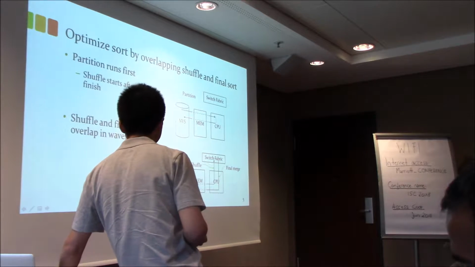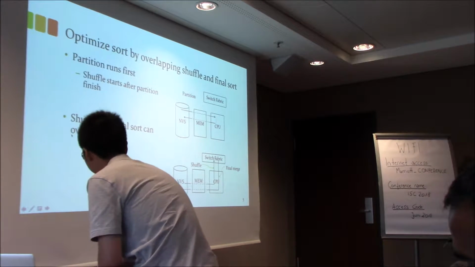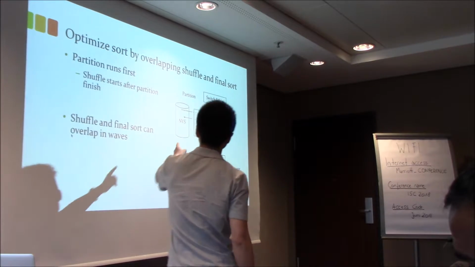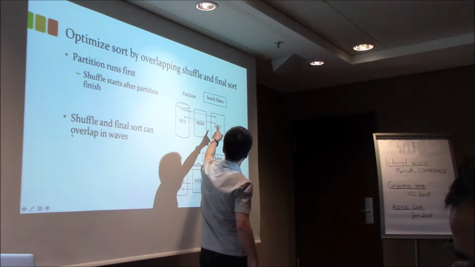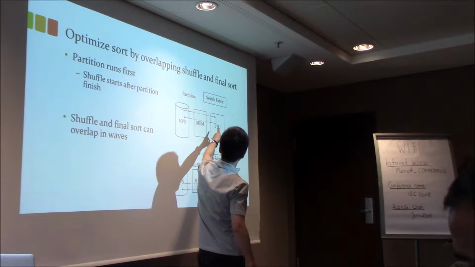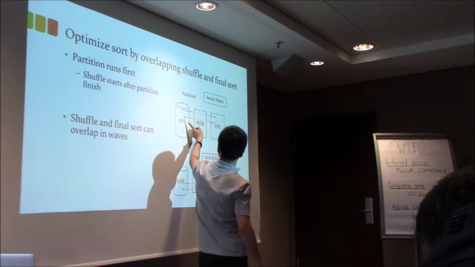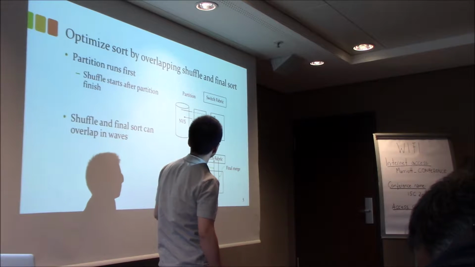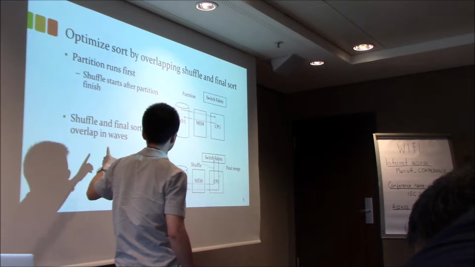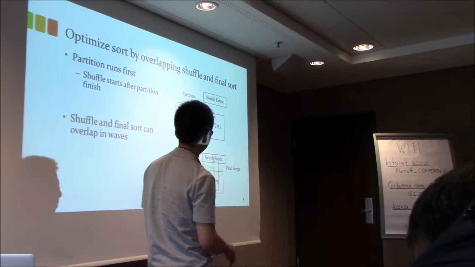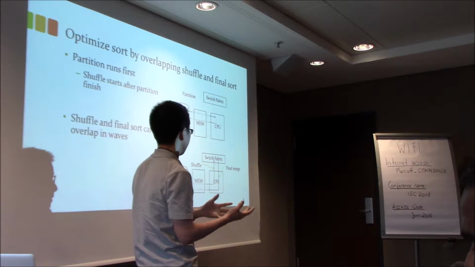The partitioning is shown in the upper graph. We read data from non-volatile storage, it is processed by the computing device, and the output is stored into non-volatile storage again. The shuffle and the final sort can overlap, because we are doing them little by little at a time.